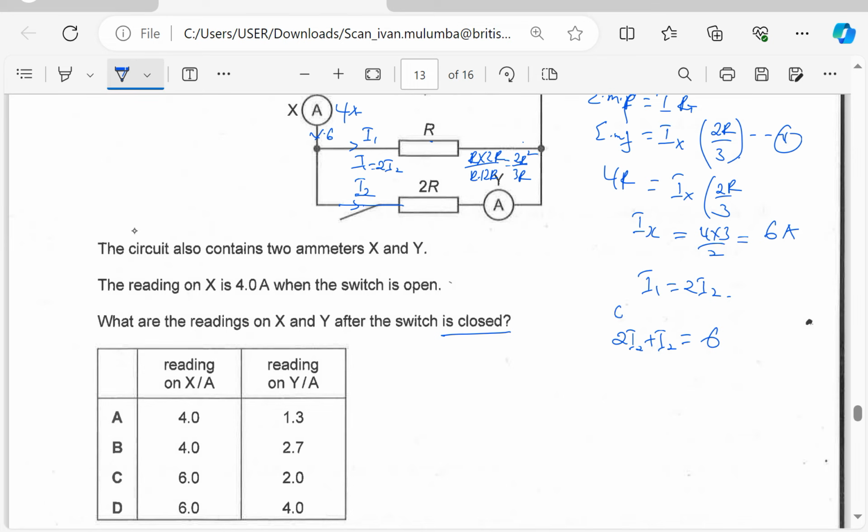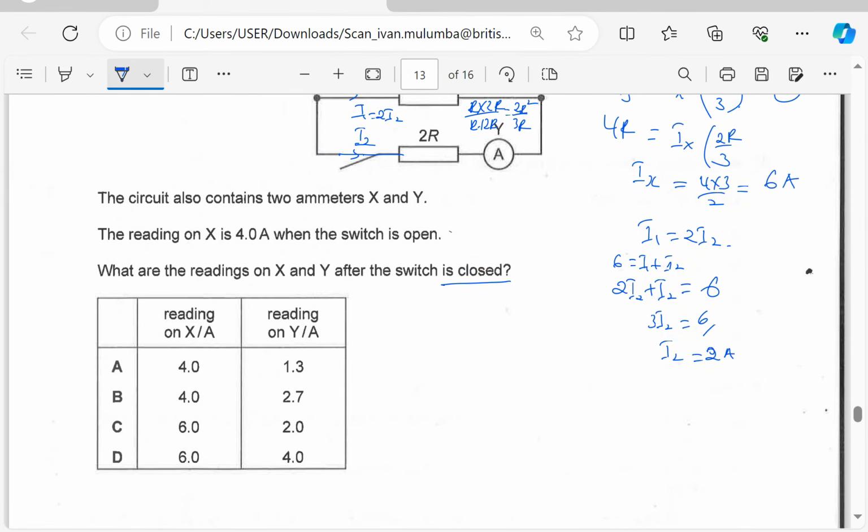Or you can say 6 equals I1 plus I2. But remember, I1 is twice I2. So in other words, 3I2 is equal to 6, which means I2 is going to be 2 amperes. And if I2 is 2 amperes, automatically I1 is going to be 6 minus 2, which is 4 amperes.